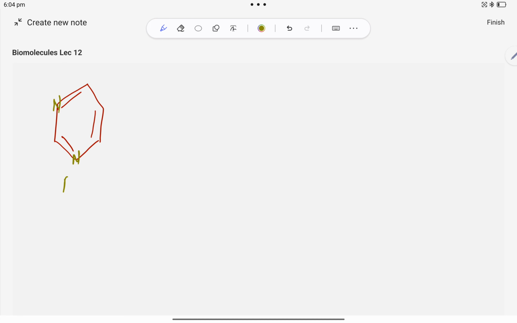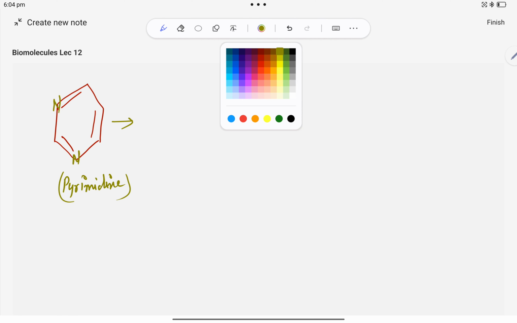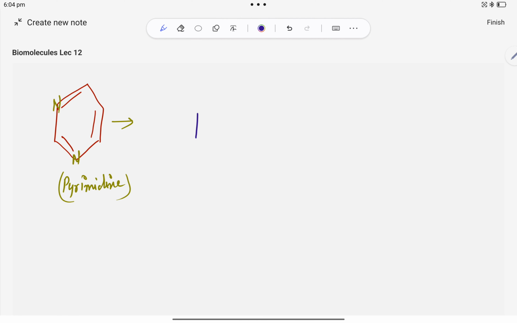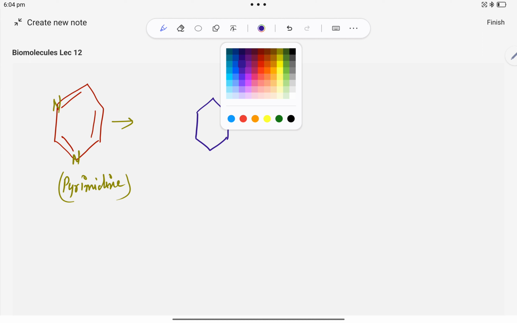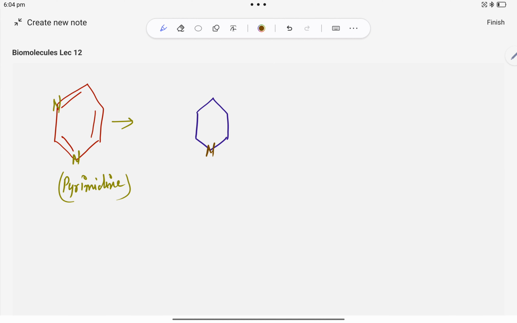Okay, it is your pyrimidine. Three nitrogenous bases will be generated from here. What are these three? One nitrogen, second nitrogen, double bond, and here NH2. With this nitrogen, one hydrogen is attached. It's called cytosine.